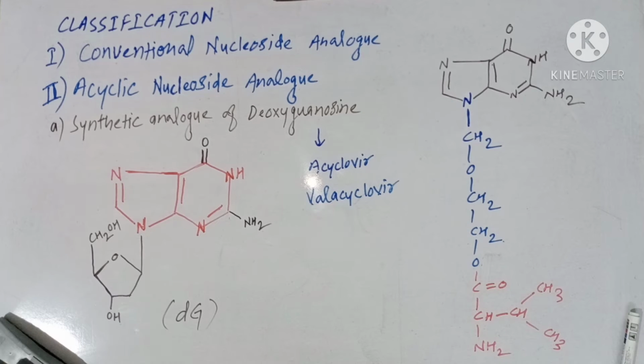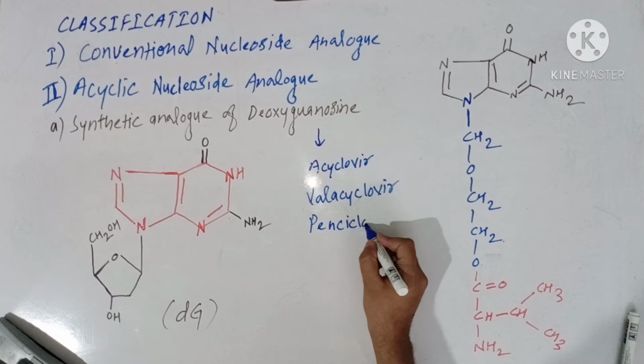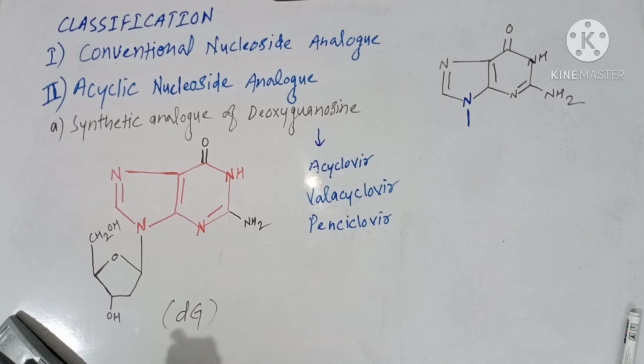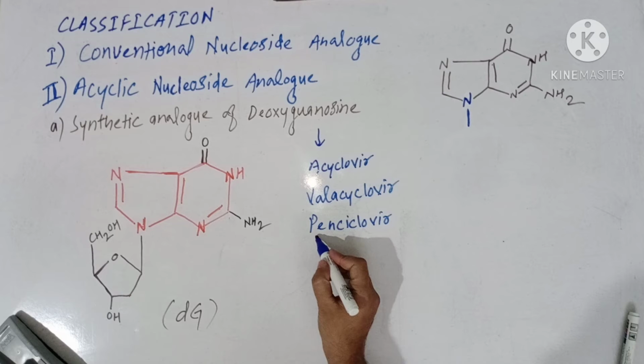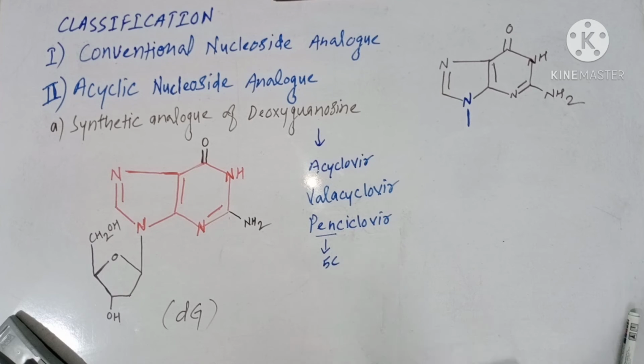Now there is a third important drug in this category which is known by the name penciclovir. So what is the structure of this penciclovir? As its name indicates, pen means 5 carbon residue. So actually this drug has a 5 carbon acyclic residue in its structure.